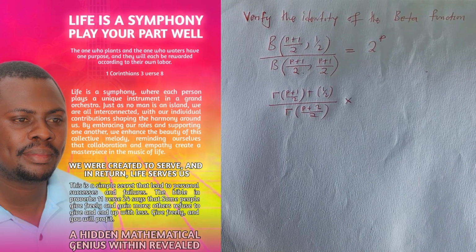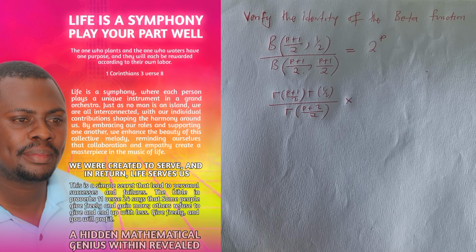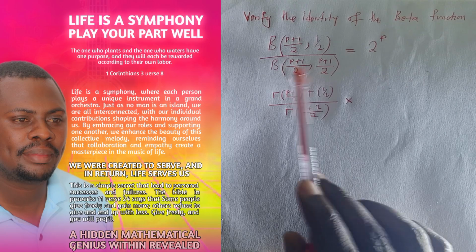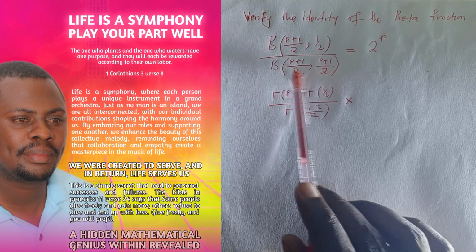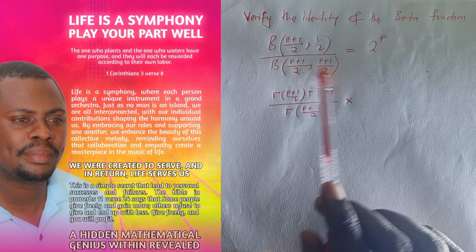So when you convert to multiplication, it means the fraction will change. So instead of us starting with the product of the gamma functions, what we can do is first you just add. So you add these two.